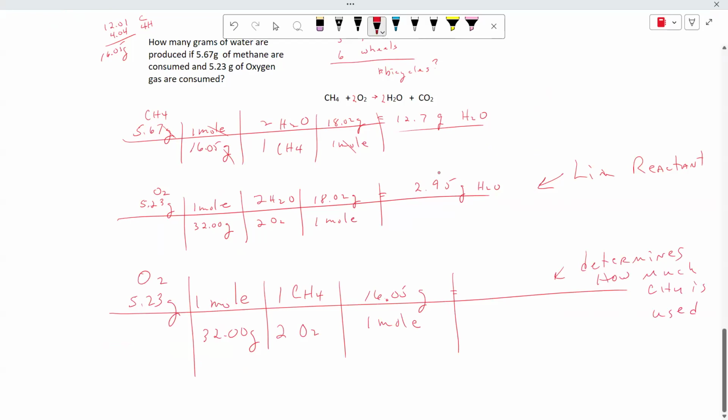So this third calculation determines how much methane we're using based on the limiting reactant, oxygen in this case. Okay, so we're going to use up 1.31 grams of the methane.